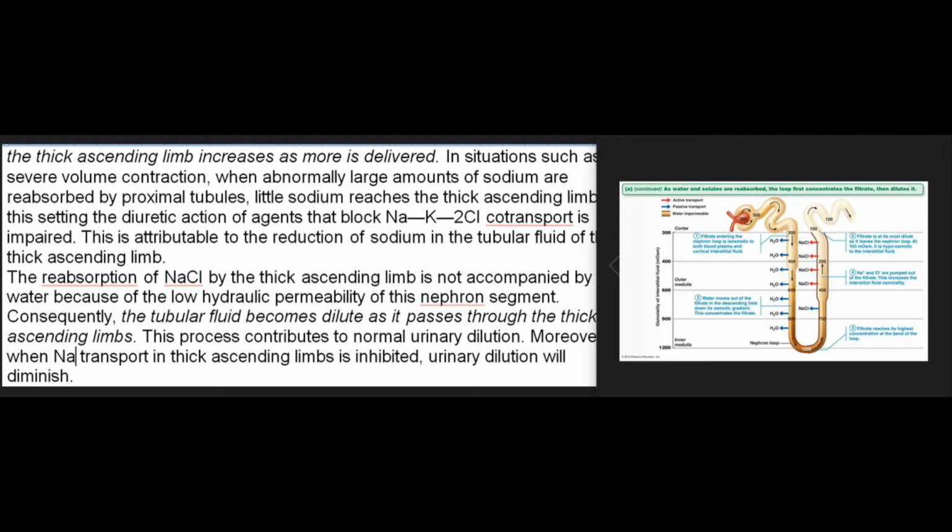The reabsorption of NaCl by the thick ascending limb is not accompanied by water because of the low hydraulic permeability of this nephron segment. Consequently, the tubular fluid becomes dilute as it passes through the thick ascending limbs. This process contributes to normal urinary dilution. Moreover, when Na transport in thick ascending limbs is inhibited, urinary dilution will diminish.